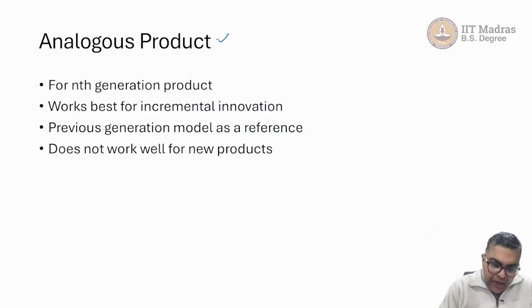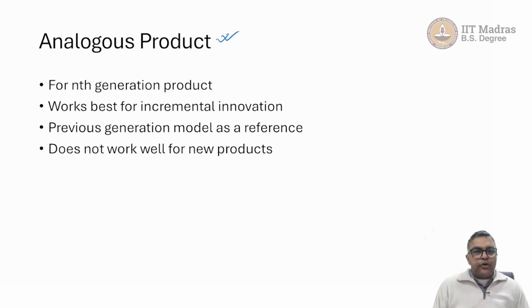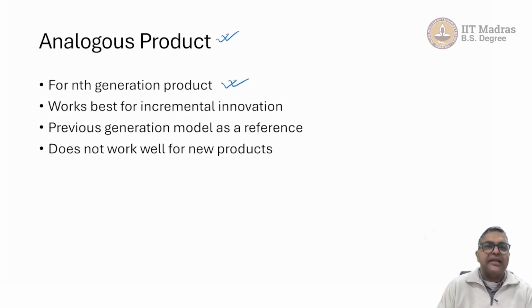Next is analogous product. As I already told you, it is very useful if a company has, over a period, a series of products, we can say an nth generation product, in the sense that the company has come up with this product nth time. Best example would be Apple iPhone. Now iPhone 15 is in the market, so roughly there were 15 generations in the past.